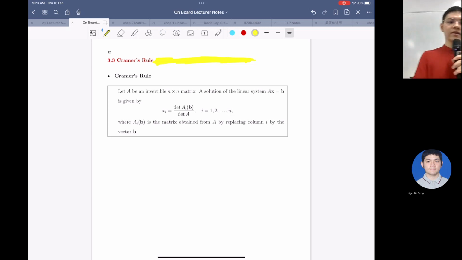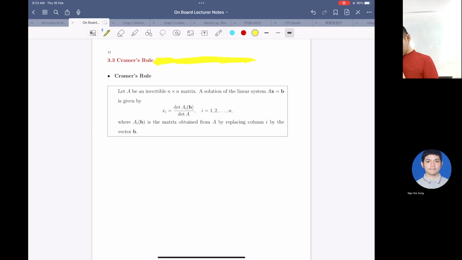I put the link on the Moodle already. It is animated, so you can see how the picture changes. Cramer's rule is a path before we go to finding an inverse.